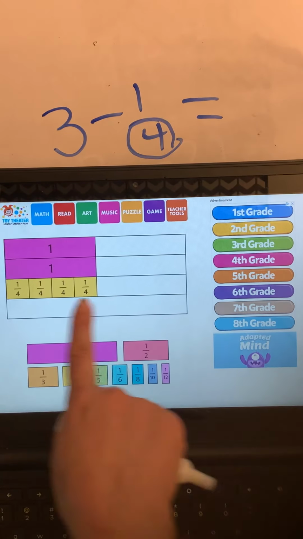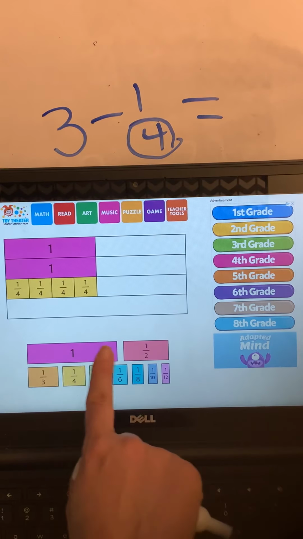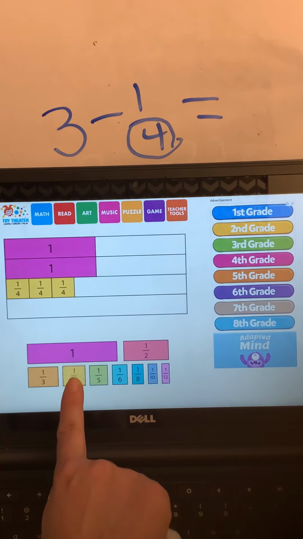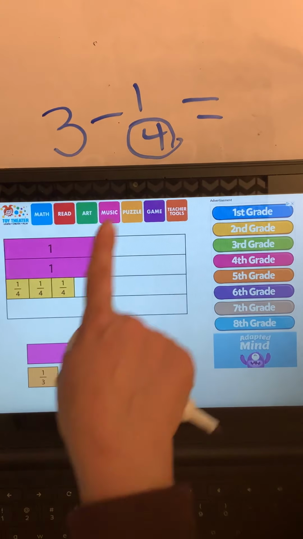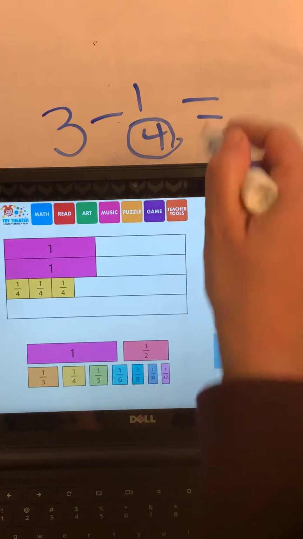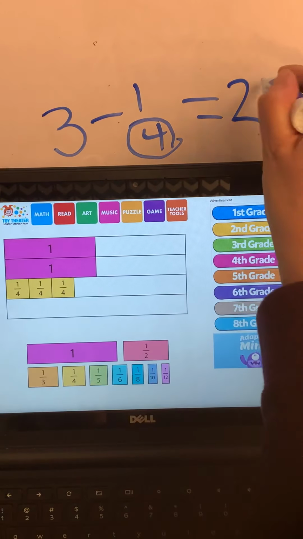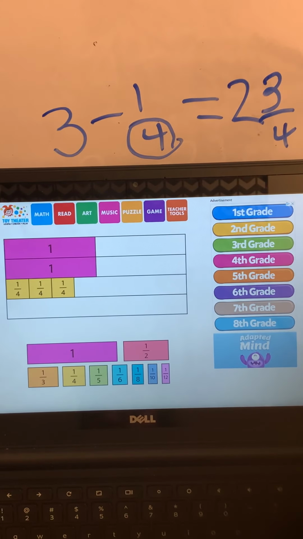Now I have 4/4, equivalent to 1 whole. And now I can take away 1/4 and see what my answer is. So 3 take away 1/4 will equal 1, 2 wholes, and 1/4, 2/4, 3/4. 2 and 3/4. And that's my answer for that one. That's using the fraction manipulatives portion.